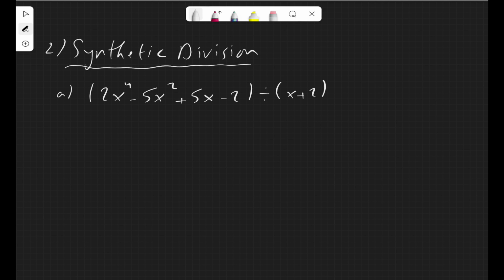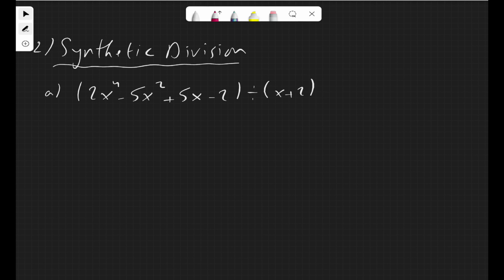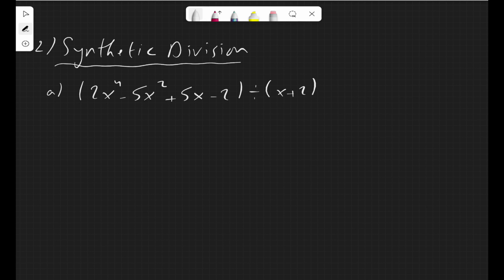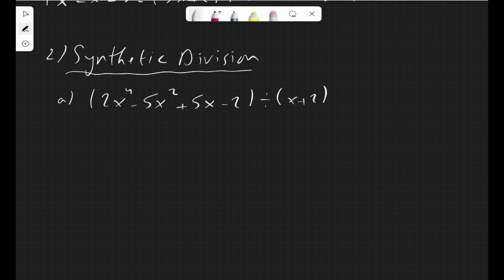The second way of dividing polynomials is called synthetic division. The following question is given: 2x^4 minus 5x^2 plus 5x minus 2 divided by x plus 2. The procedure for synthetic division depends on the coefficients only. So I'm going to put to the right 2, which is the coefficient of x^4.